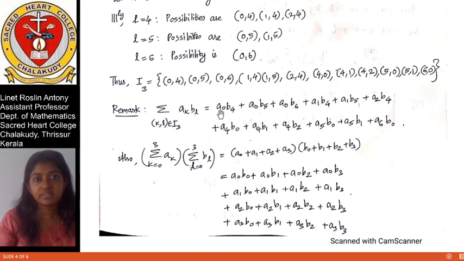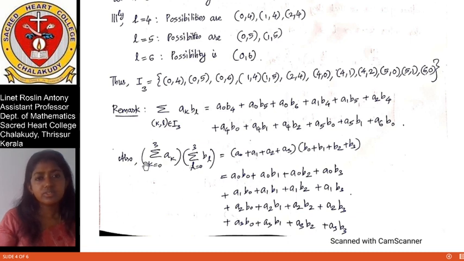So the terms will be a0 b4, a0 b5, a0 b6, a1 b4, a1 b5, a2 b4, a4 b0, a4 b1, a4 b2, a5 b0, a5 b1, a6 b0.